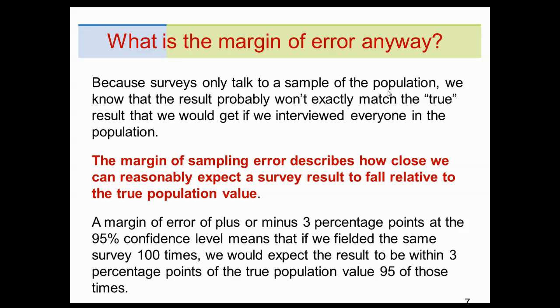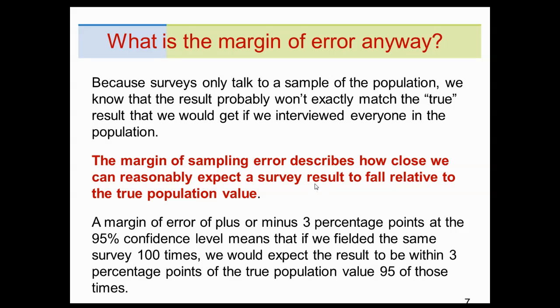When these pollsters make phone calls, they're not talking to everybody, it's just a sample. We know the result probably won't match the true result. In fact, we found out in this election that some of the polling was way off, as it was back in 2016. The margin of sampling error describes how close we can reasonably expect a survey result to fall relative to the true population value.